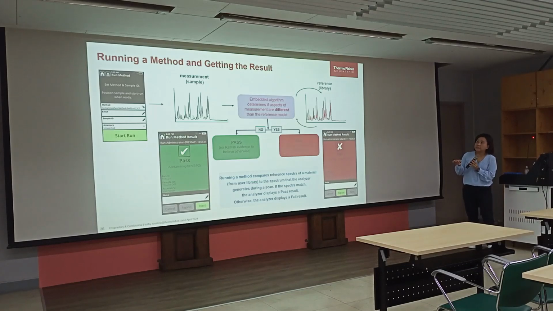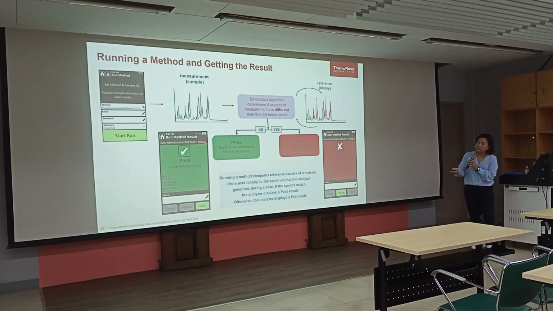Okay, then how does the instrument define the result? First, you already have your method with your built-in defined reference spectra. Then you acquire a spectra from the sample, and the instrument will compare these two spectra.